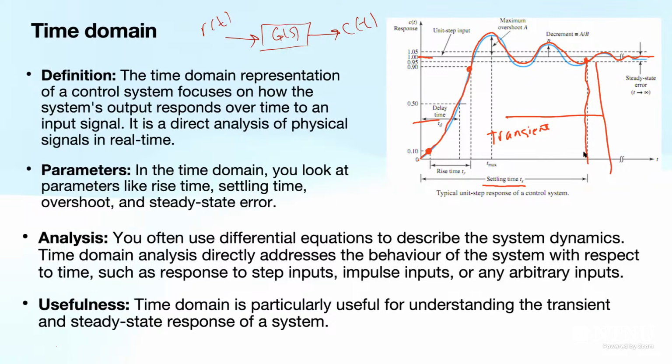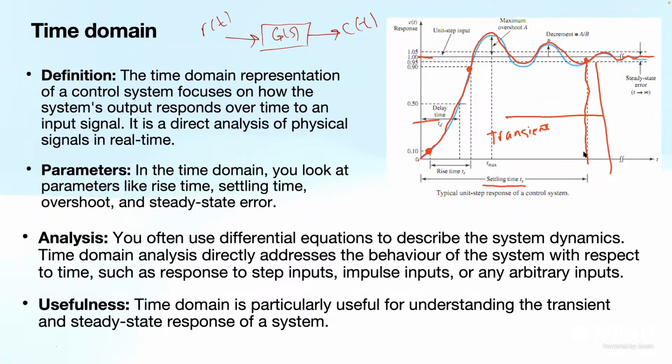You are finishing the transient response. So this is the time which the system will use to reach the final value plus or minus 5%, and then you are in the steady state.